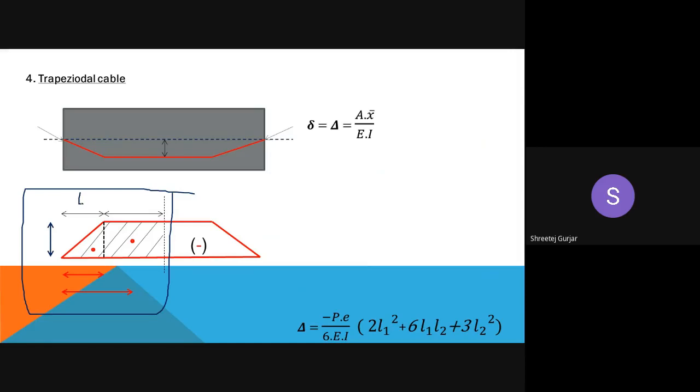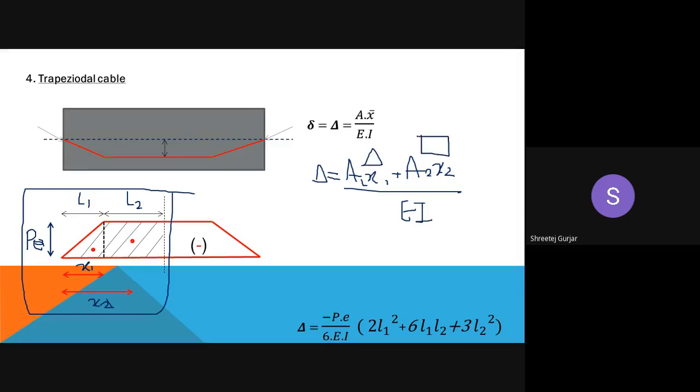We consider this as L1 and this as L2, and this is your X1, this is X2, and this is your P into E. To solve for this delta, as I've told you, it is A1 X1 plus A2 X2 divided by EI, where A1 is for the triangular portion and A2 is for the rectangular portion.